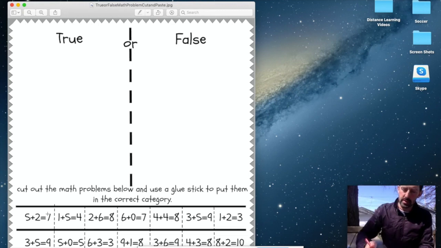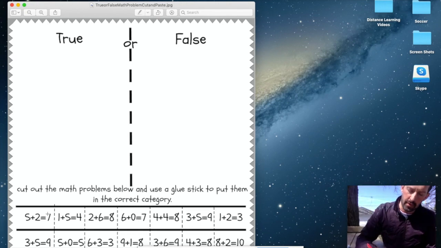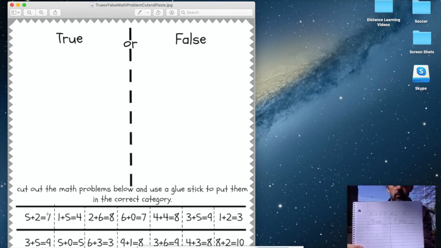First, just writing the equation and writing in true or false next to it, 5 plus 2 equals 7. 5, count on, 6, 7 is the same as 7. So that is true. I can mark that with a T, or I can write the word true.